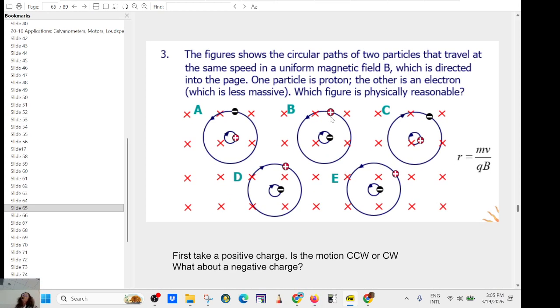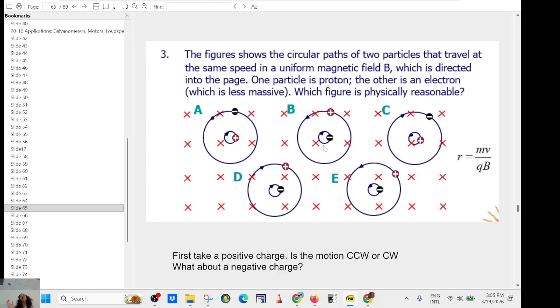Okay. So they have the proton here and they have the electron. So which one do you expect to make the sharper turn, the electron or the proton? Which one has the largest mass? The proton has the largest mass, right? So larger momentum. So which one will be the sharpest turn?